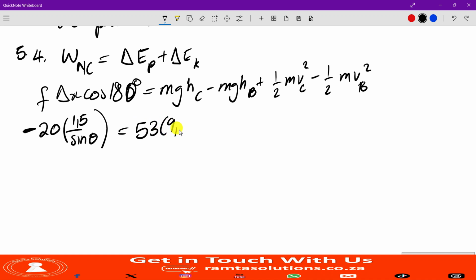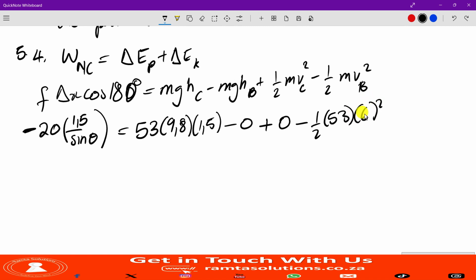Gravitational acceleration is 9.8, and the height was 1.5. The height at point B was 0, so let me not worry about that. The object comes to rest at point C, so let me not worry about that either. Then the mass is 53, and at point B the speed was 6 meters per second.